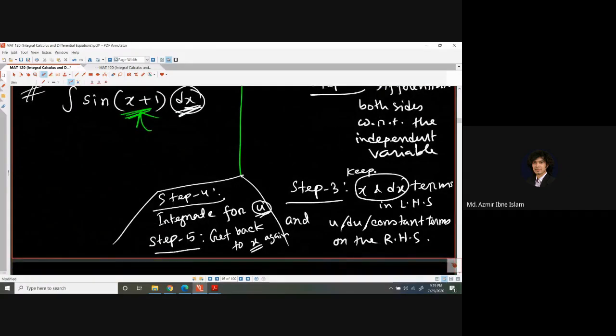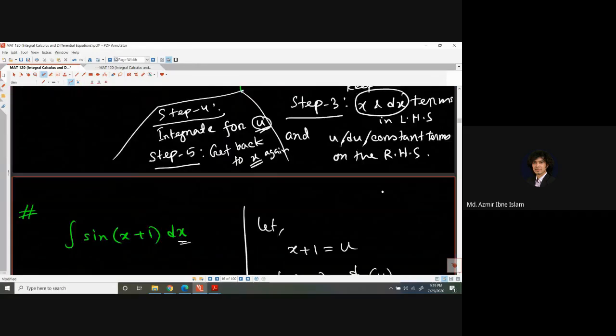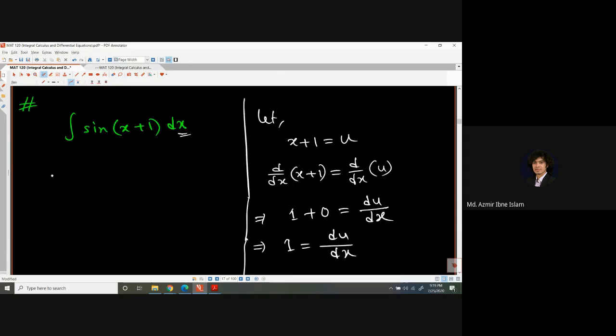Step 3, keep x and dx terms, that means all x terms should be kept on the left side and all u terms or constant terms should be kept on the right side. So I am keeping the dx terms on the left side and the du term on the right side. So now the integration of sine. We have considered x plus 1 as the variable u, and at the same time dx is converted to du.